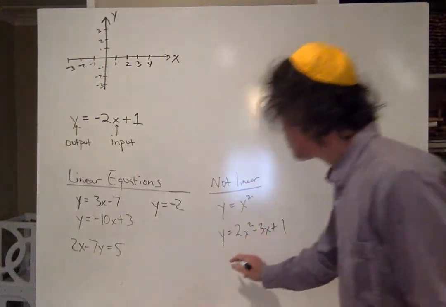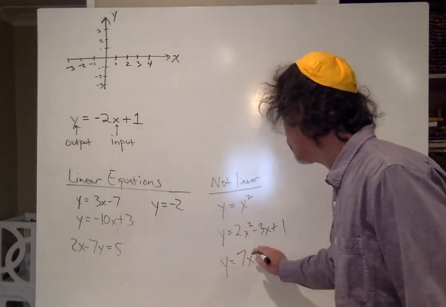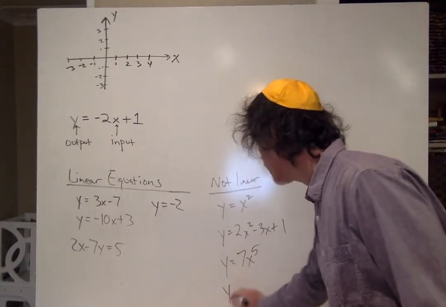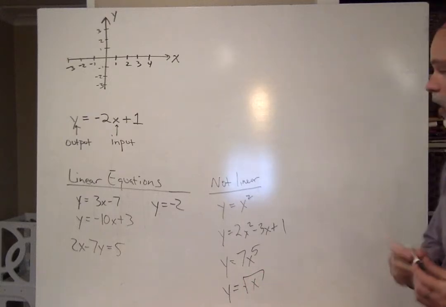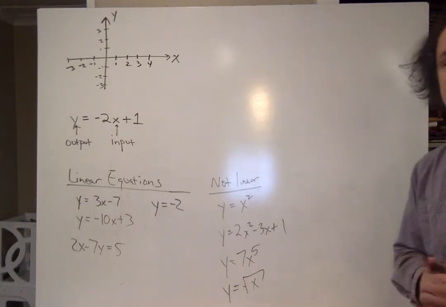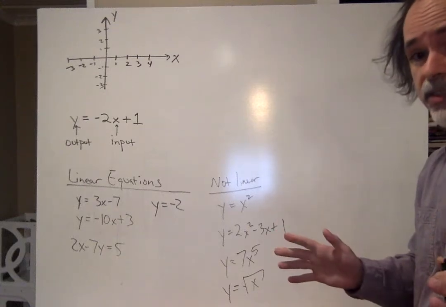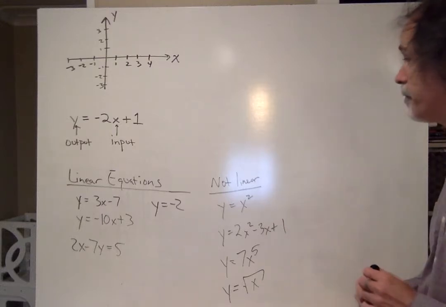If it's got an x squared, if it's got an x cubed, x to the 5th, if it's got a square root in it, all of those are not linear. But if the y is there with no exponent and the x is there with no exponent, and that's it, then it's going to make a line.